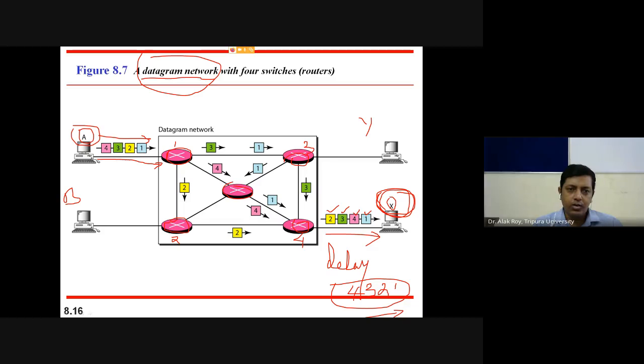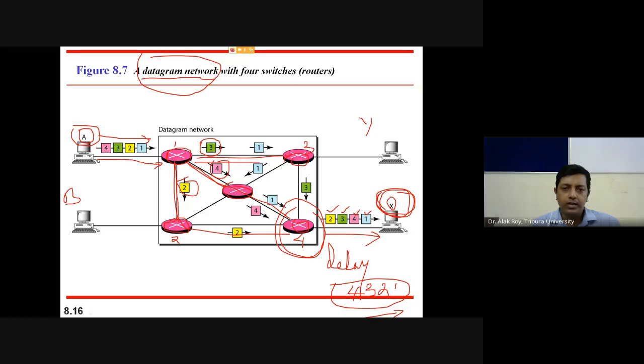The received data 1, 2, 3, 4 may travel to the other destinations via path 1, path 2, or path 3. In the figure you can see 3 is traveling in a different direction, 4 in a different direction, 2 in a different direction. So there may be chances that different paths are followed, but somehow they will reach the 4th switch, maybe through path 1, path 2, or path 3.